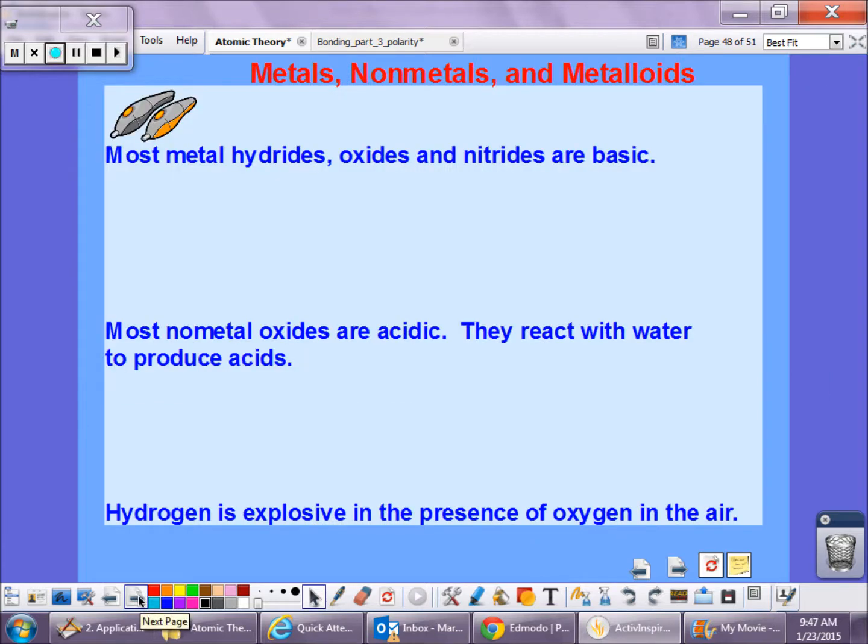Let me quickly say before I stop, because this is important. Most metal hydrides, metal oxides, and metal nitrides are basic. Let me repeat, you will have those also. Most non-metal oxides are acidic.